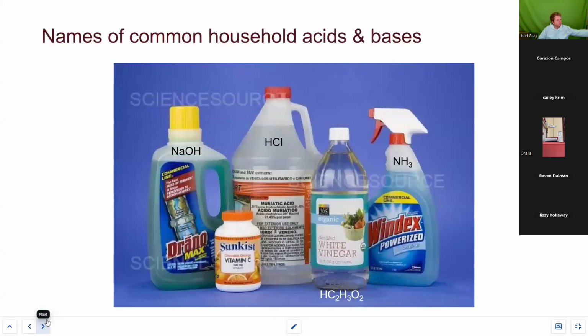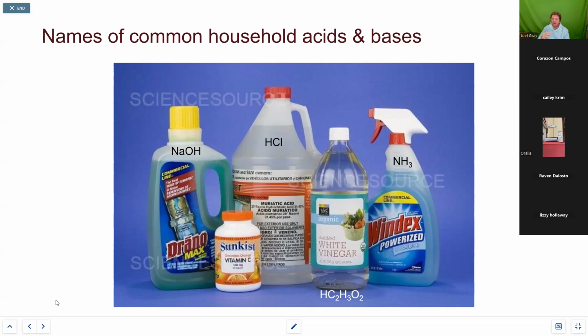Now, if you remember, last time we talked about a couple of different solutions. We talked about sodium hydroxide as a part of Drano and ascorbic acid as vitamin C. Sodium hydroxide, NaOH, is a base because it can accept a proton, whereas vitamin C can donate a proton.